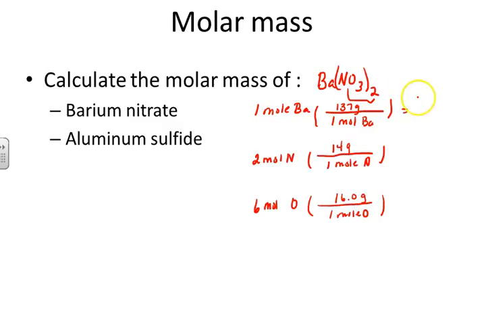So we have 1 times 137, 137 grams. We have 2 moles of nitrogen times 14 grams is 28 grams. And 6 moles of oxygen times 16 for every 1 mole is going to be 96 grams of oxygen.